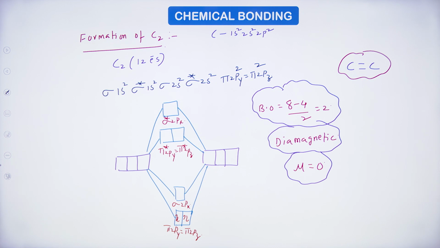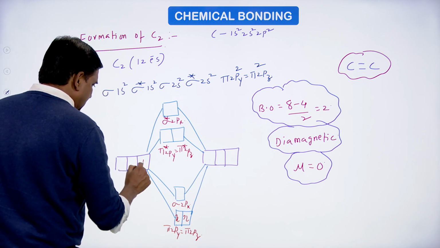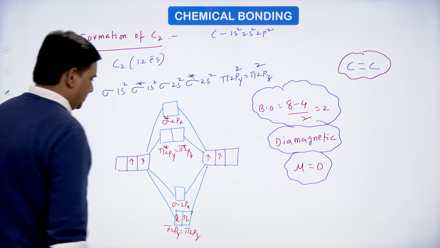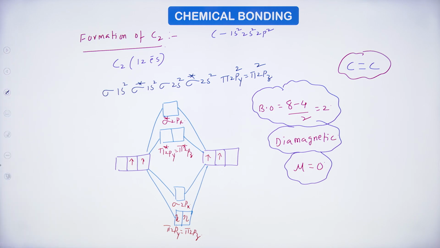This is the formation, each carbon contains 2 electrons, therefore here 2 electrons, 2 electrons, 4 electrons, and 4 electrons must be written here. This is the formation of the C2 molecule.